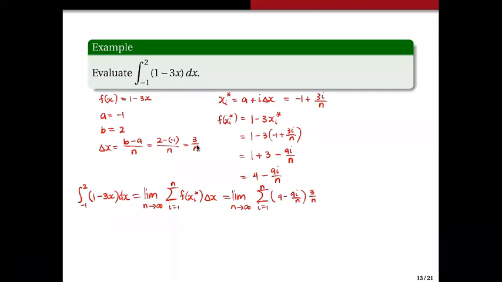Okay? Then let's continue the simplification. You multiply: 4 times 3 over n is 12 over n, minus 9i over n times 3 over n is 27i over n squared.